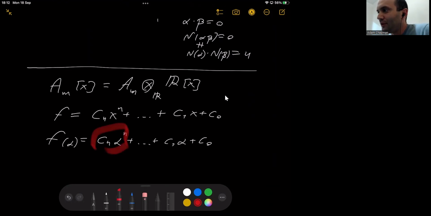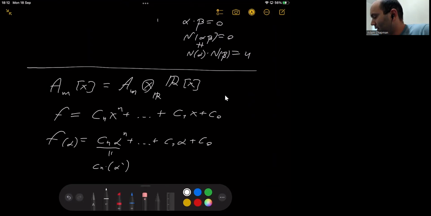If we have no associativity, we cannot just write it this way, but what I'm actually intending to write is C_n times alpha to the n in brackets. I didn't mention that, but all the Cayley-Dickson algebras, even though they are not associative, they are power associative. So you can always take the nth power of alpha, and that's well defined even without brackets, and then you multiply this thing from the left by C_n. So that's how we plug in elements in the polynomial.